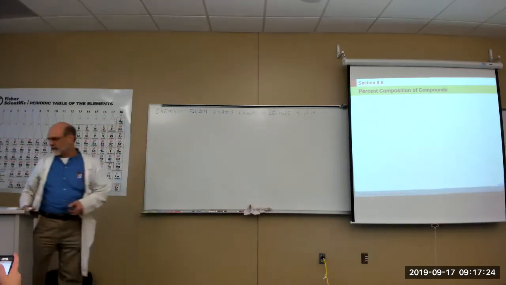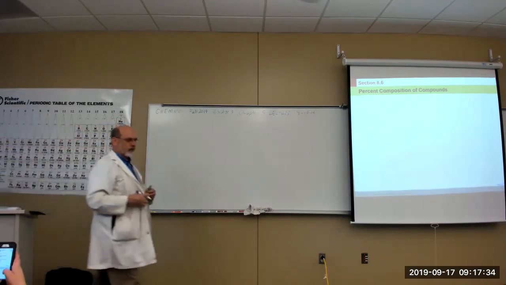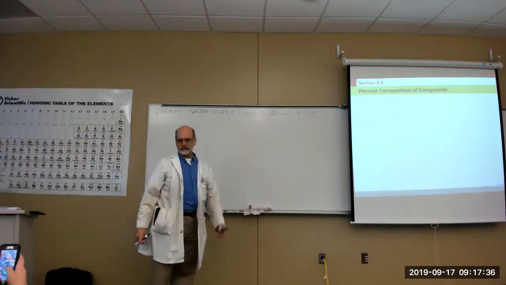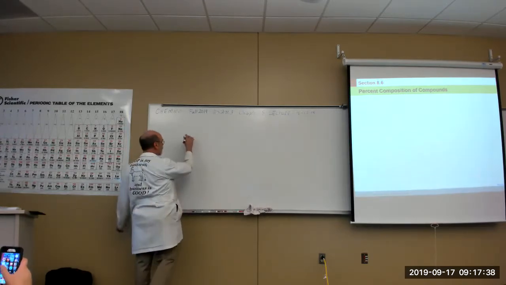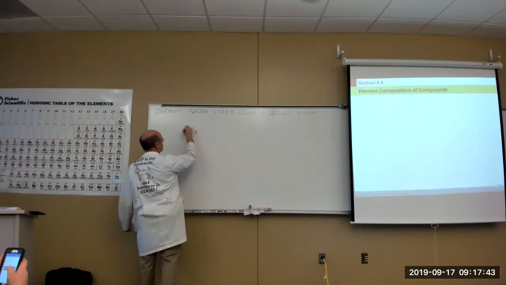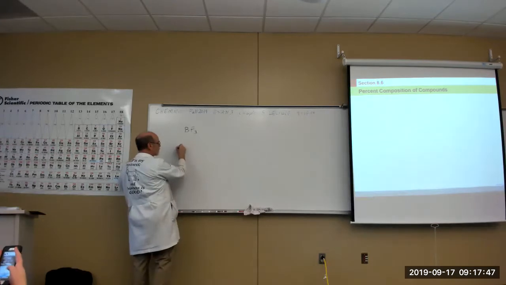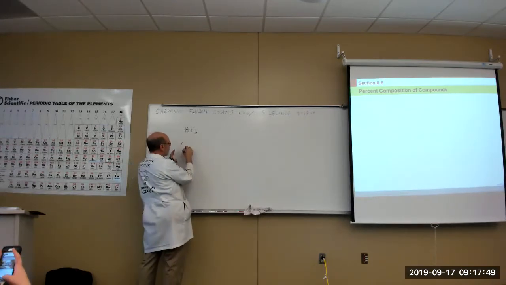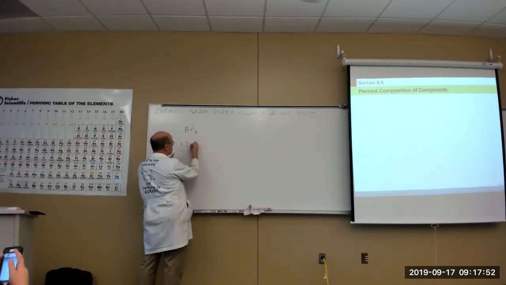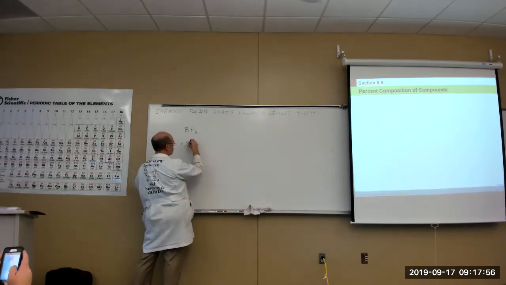Percent composition. When chemists analyze compounds in the lab, the usual way that it's reported is percent by mass. All right. So if you have a compound of, say, boron trifluoride, the chemist will do an analysis and come up with some value of X percent of boron, and that's mass.